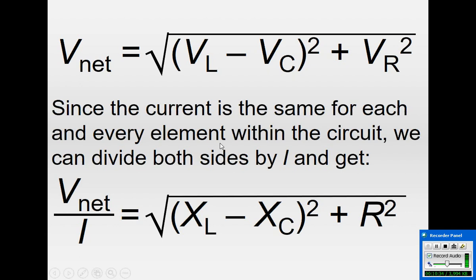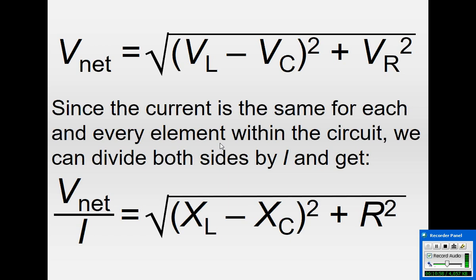If we apply some Pythagorean business to this, we can say that the right triangle's hypotenuse is equal to one side squared plus the other side squared, take the square root. Well, one side is the voltage across the resistor. The other side is the difference in voltage between the inductor and the capacitor.